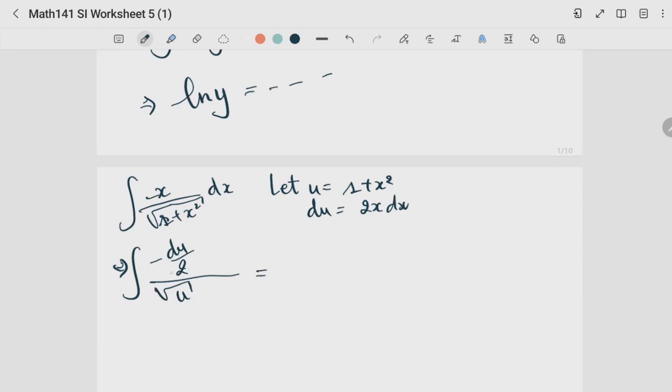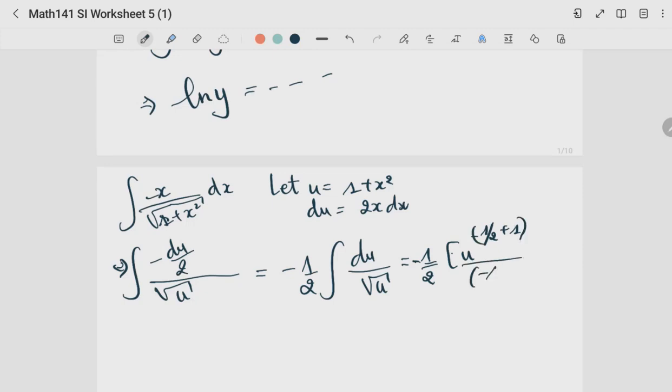We'll take the negative 1 over 2 here, which is a constant, out of the integration, and we'll be left with du over root of u, which is equal to negative 1 over 2 multiplied by u to the negative half plus 1, divided by negative half plus 1.